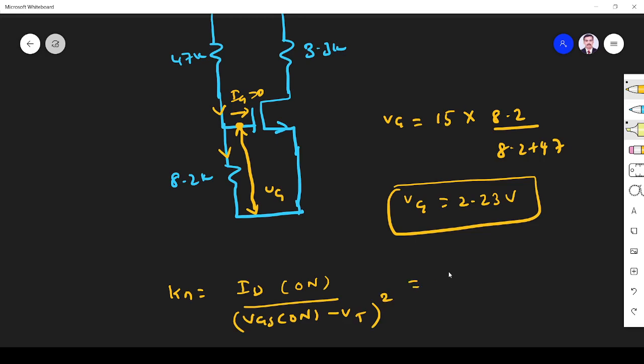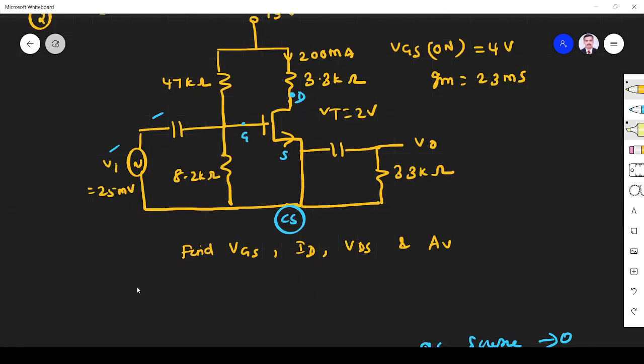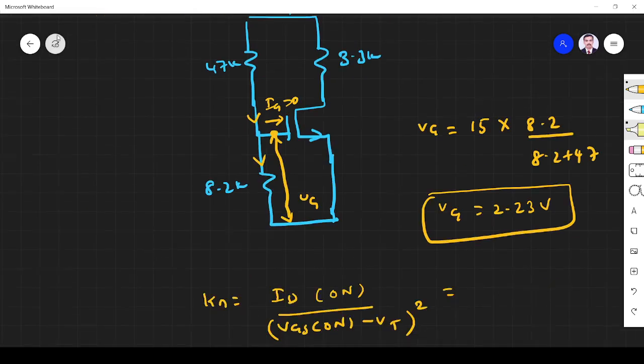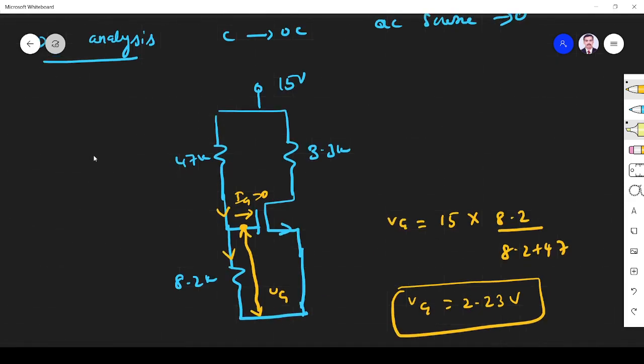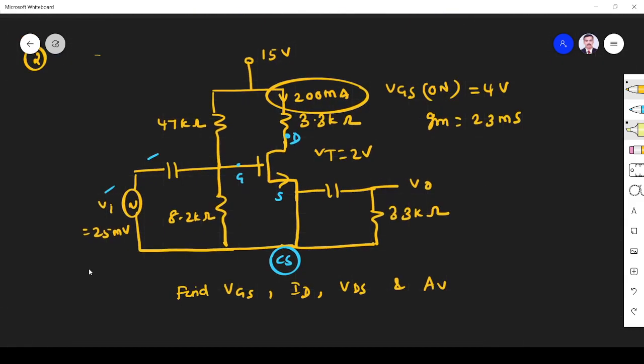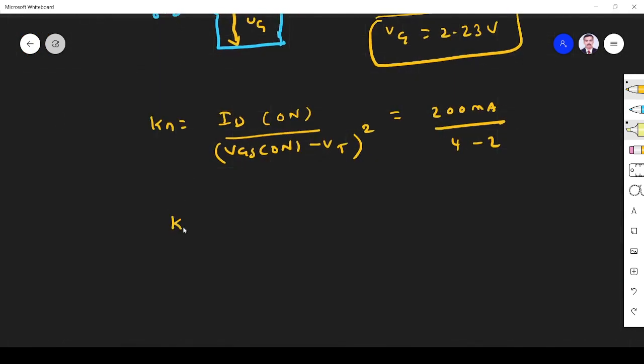When you substitute all the values, ID they have given, this is 200 milliamps, divided by VGS on minus VT squared. They have given VGS on, everything they have given. This is VGS on, VT 2 volt. So the answer is Kn is equal to 0.1 ampere per volt squared.